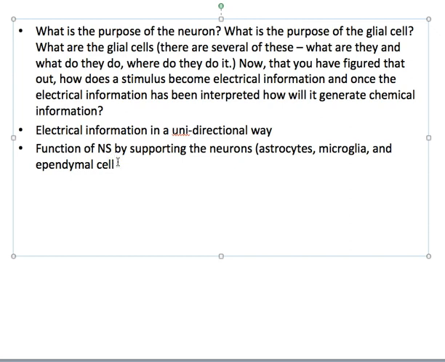You could actually have a Schwann cell in there, or an oligodendrocyte. I'm going to put that in double brackets, oligodendrocyte. Okay, so the significance here is this.